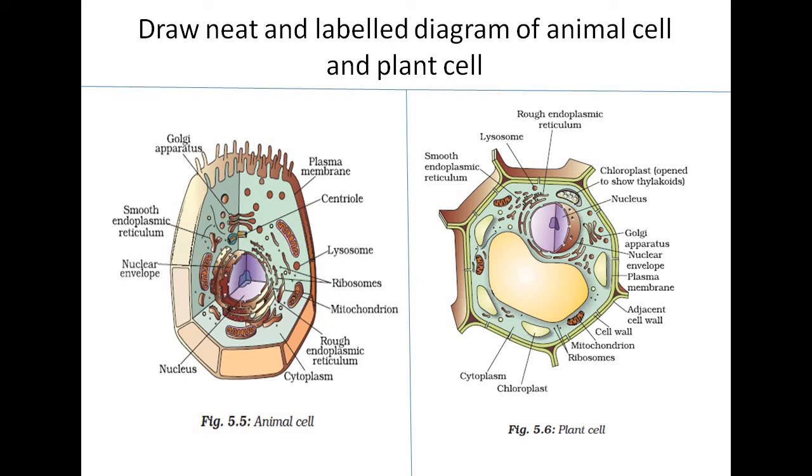Plastids. Plastids give color to the plant part. In a leaf it has green color. Leaf is green colored. Chloroplast is the coloring material. There are colorful leaves also, colorful flowers also, fruits also. They are chromoplasts.